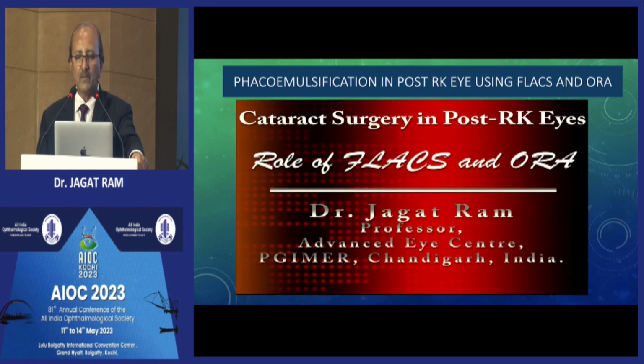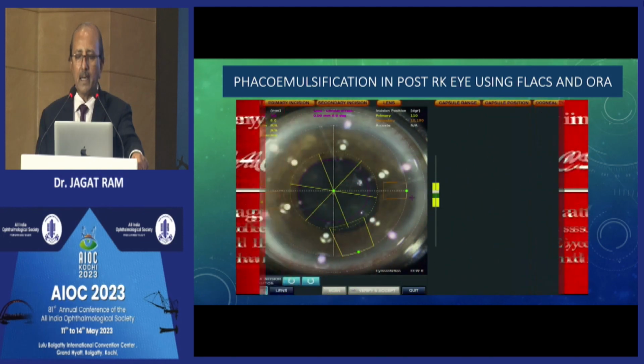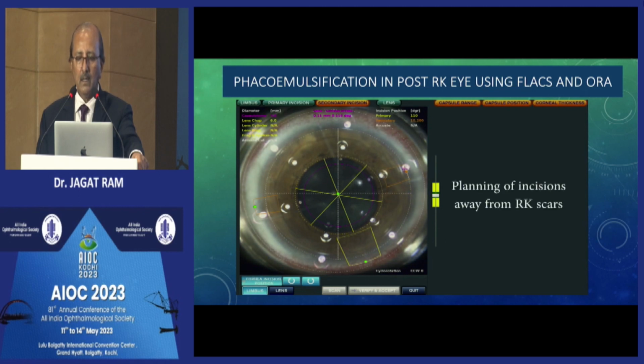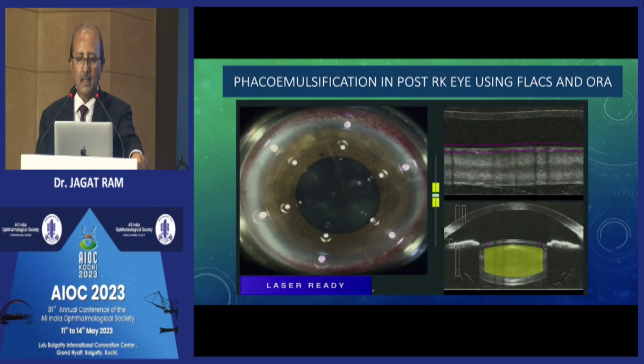And then comes some of the other conditions where there is a radial keratotomy. Because when we started doing it, it was a question of comparing it with the other modalities. Incisions are adjusted between the radial incisions.